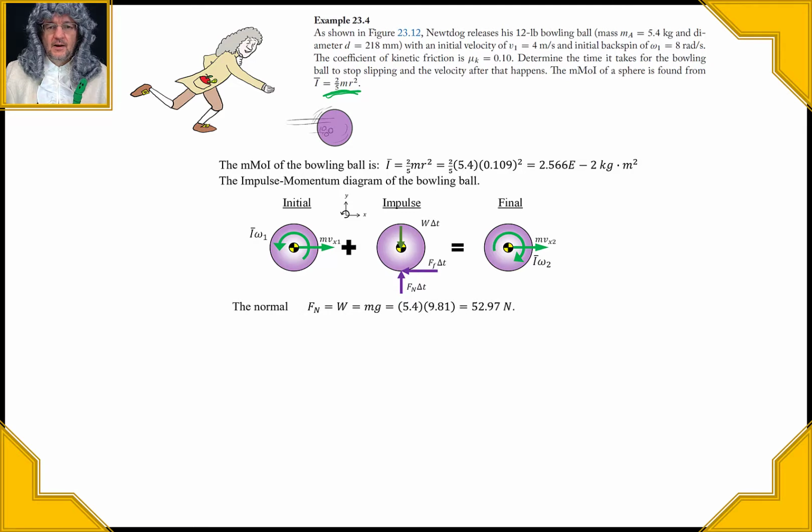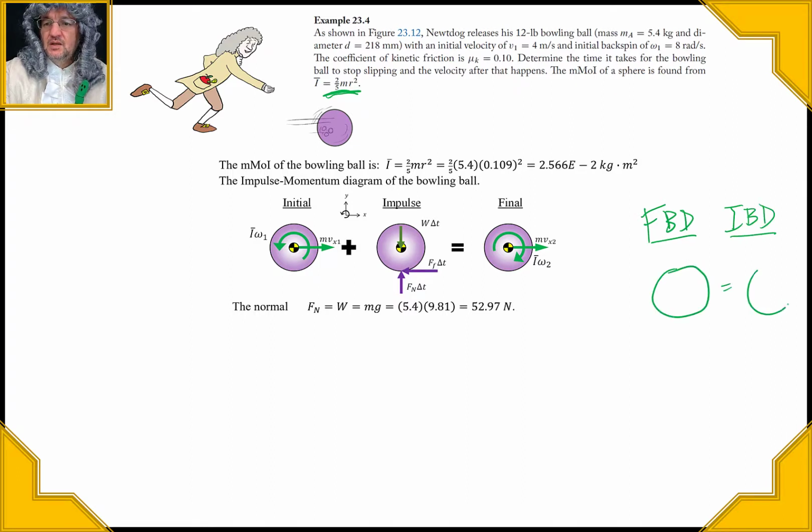Okay, some things now we might want to have written out. The FBD and IBD would have been maybe, if we're going to be completely consistent here, we don't want to do anything on the right-hand side, whereas there certainly is going to be some amount of deceleration happening right here.